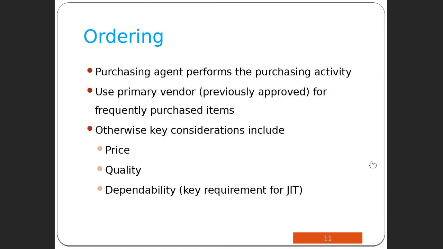Now, there is something called best value. Best value is the combination of the most reasonable price and quality. So it's not the lowest price, it's not the highest price, it's not the lowest quality, it's not the highest quality, but it is the best combination of price and quality.